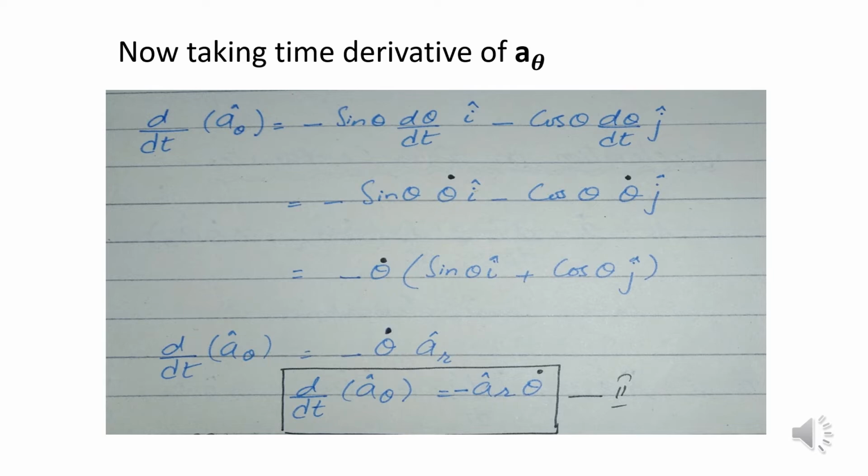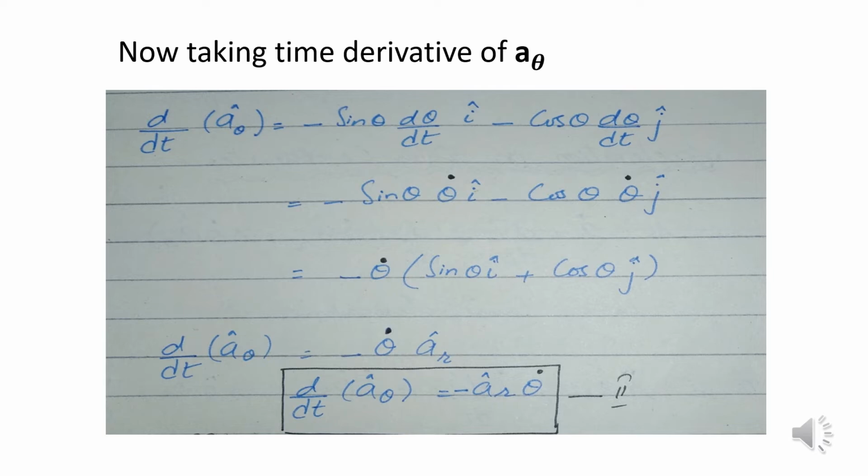As we know that d theta by dt is equal to theta dot, so minus sin theta theta dot i cap minus cos theta theta dot j cap. Taking theta dot and minus common, we get minus theta dot into sin theta i cap plus cos theta j cap.